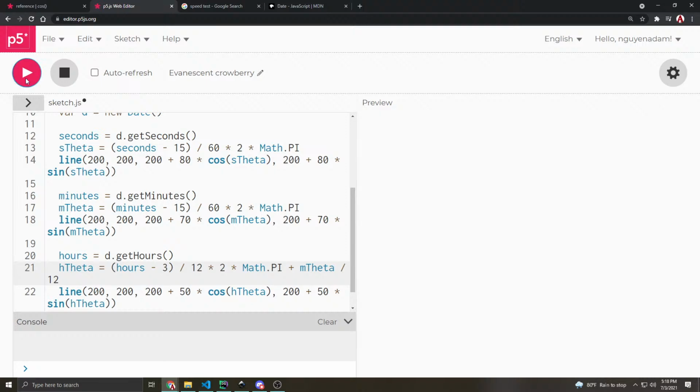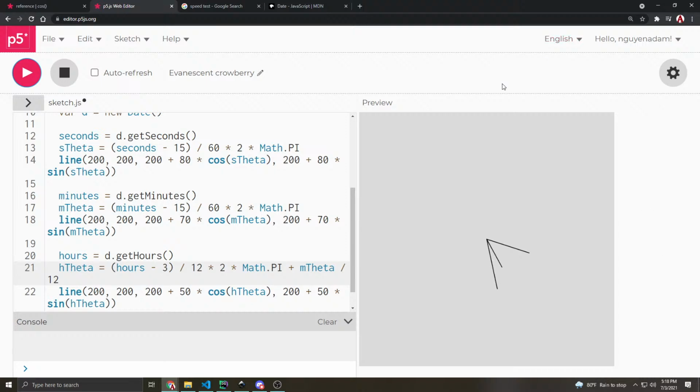Yeah, this should work, right? Because if theta is a full 2 pi radians, then it's gonna add 1/12 of that, a whole slice of the pie. I'm just gonna add that, yeah.